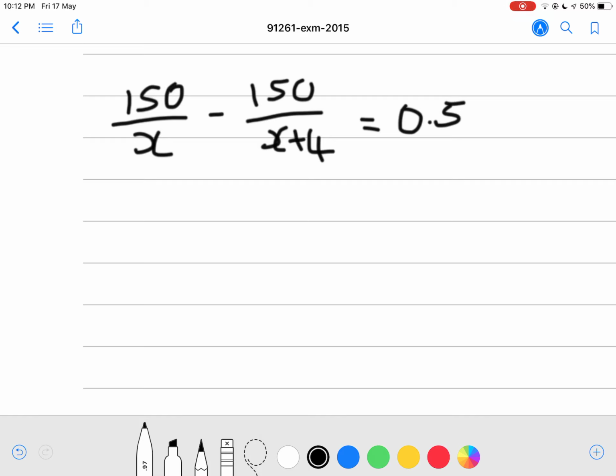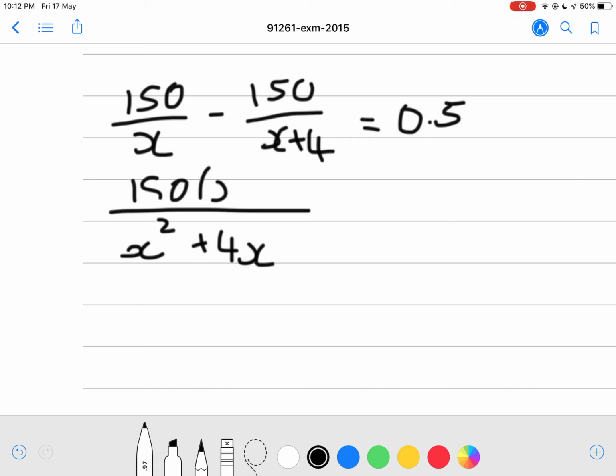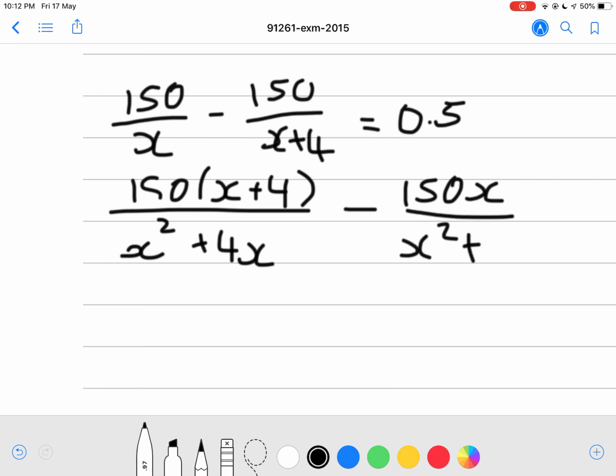So we're going to make the denominator the same. So we're going to say x squared plus 4x is the denominator. Okay, so this first has to be multiplied by 150 multiplied by x plus 4, minus 150 multiplied by x, divided by x squared plus 4x equals to 0.5.